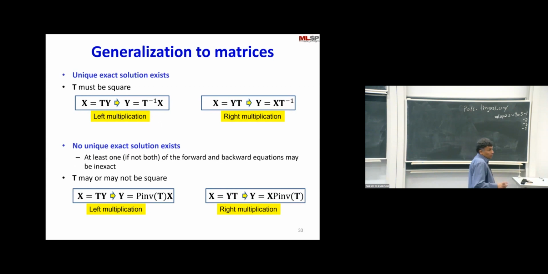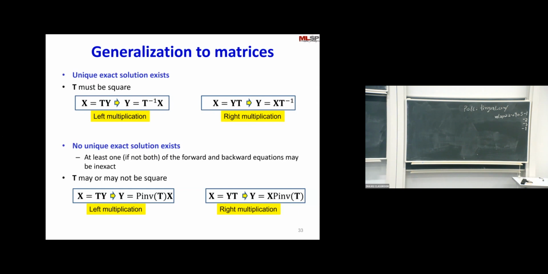And if the transform is exact, if Y has an exact image, then the pseudo inverse will be the same as the inverse. If the transformation is inexact, like in the overdetermined case, then you're going to get a pretty good decent approximation. So the pseudo inverse, often represented as T with a superscript of plus, but also written as P in, is the inverse of a transform that cannot be inverted.